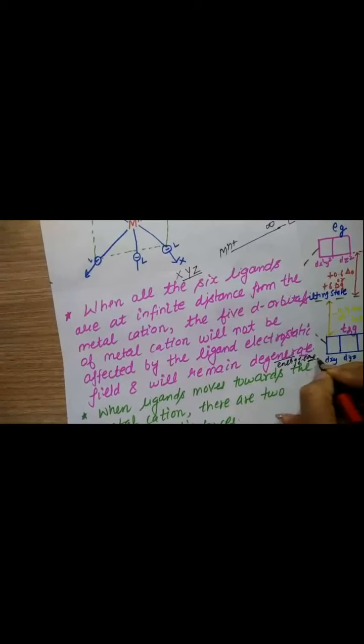Degenerate means that the energy of all d orbitals remains the same. This represents the situation in which the energy of all d orbitals is the same, in the case of a free ion or when ligands are at infinite distance.